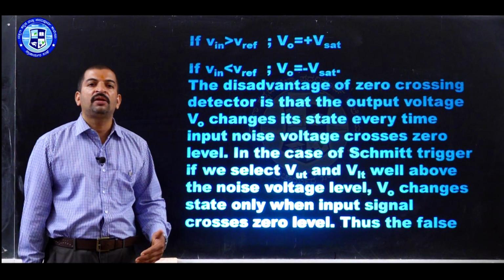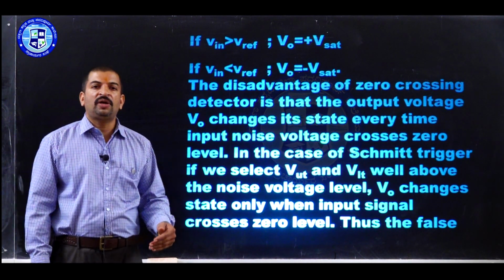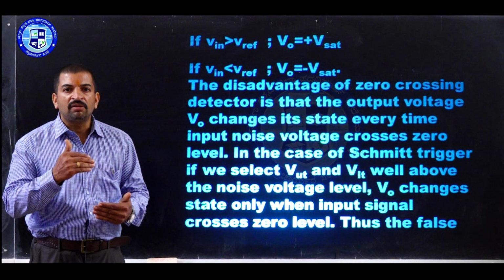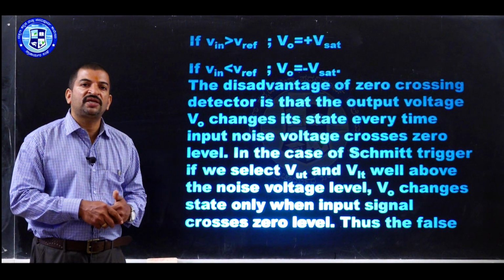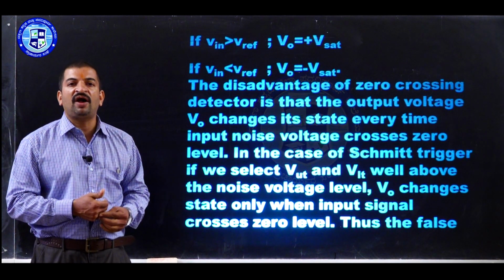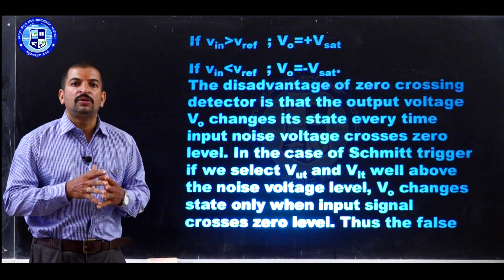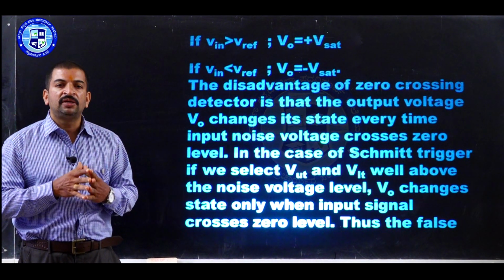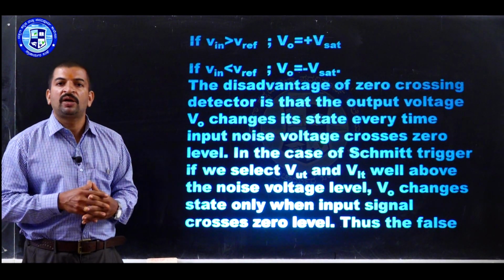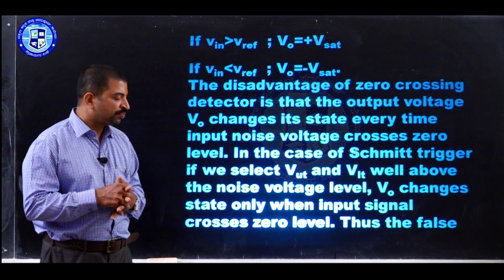For example, if the noise voltage is 1 volt, you have to select the upper threshold voltage and lower threshold voltage to be more than 1 volt, so that the false output transition can be avoided. So the circuit works as a perfect sine wave to square wave converter. So it's also called the squaring circuit.